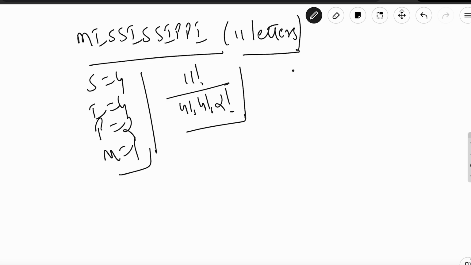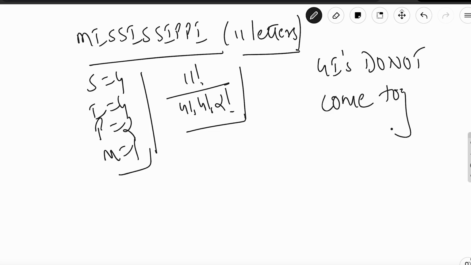Now it is saying in how many of these permutations 4 I's do not come together. So one way to find out is, we know this is the total number of words that could be formed.